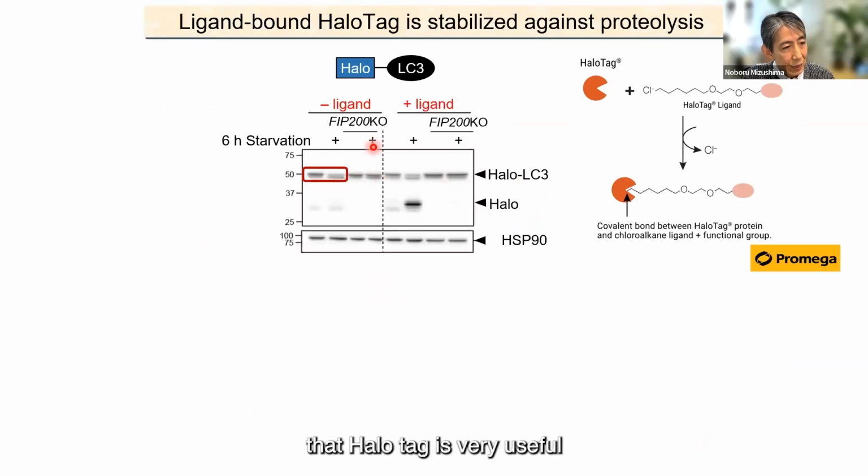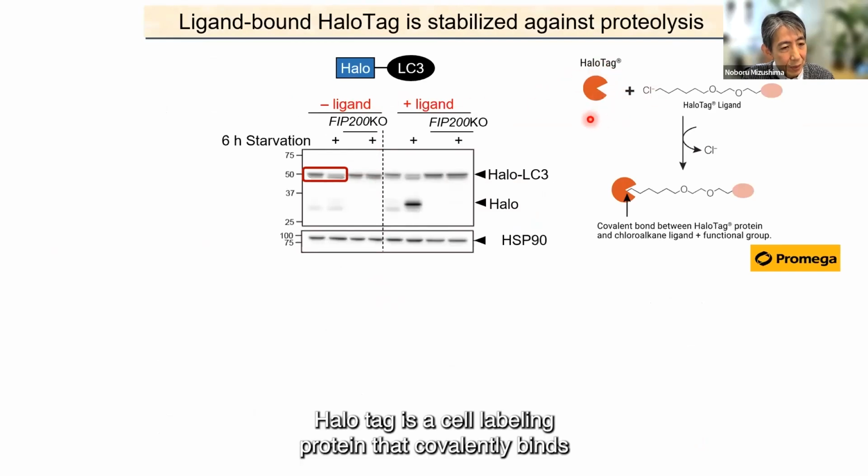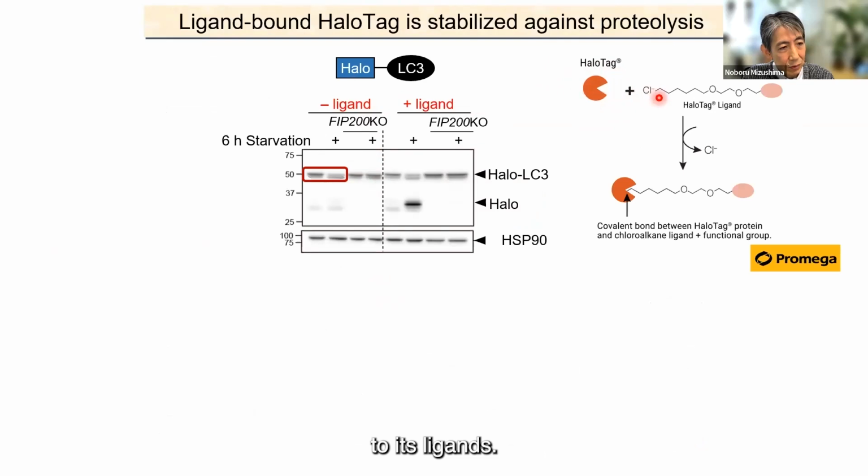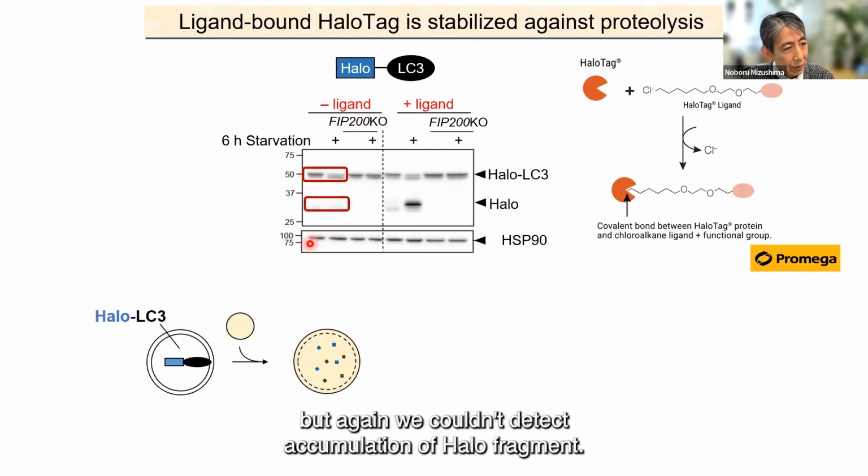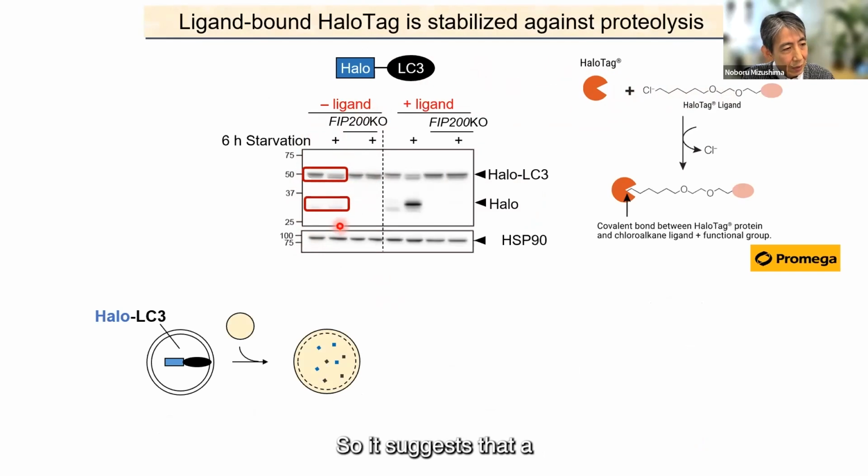Then we found that the HaloTag is very useful for processing assays. HaloTag is a self-labeling protein that covalently binds to its ligands. First, we tested Halo-LC3. Without the ligand, Halo-LC3 was degraded during starvation, but again, we couldn't detect accumulation of Halo fragments. This suggests that ligand-free Halo was degraded in mammalian lysosomes.